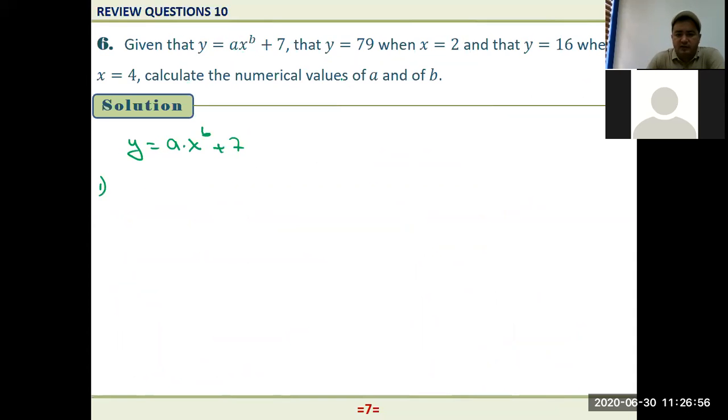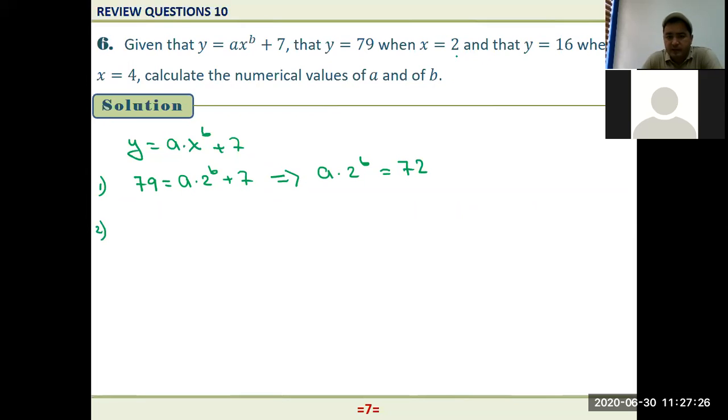The first piece of information says that y equals 79 when x equals 2. So here we have a times 2 to the power b plus 7. I can immediately simplify this. That means a times 2 to the power b equals, taking this 7 to the left-hand side, 79 minus 7, which is 72.